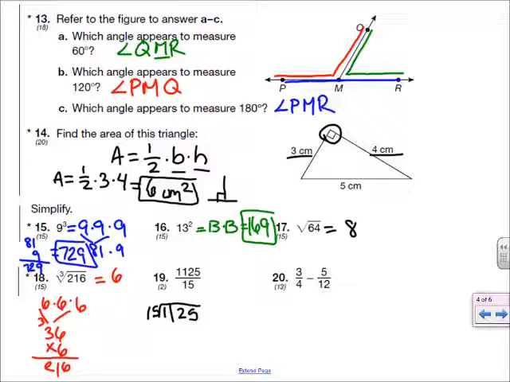So looks like 7 times 15 is 105. 112 minus 105 is 7. And 15 goes into 75 5 times. 15 times 5 is 75. So I have 0.